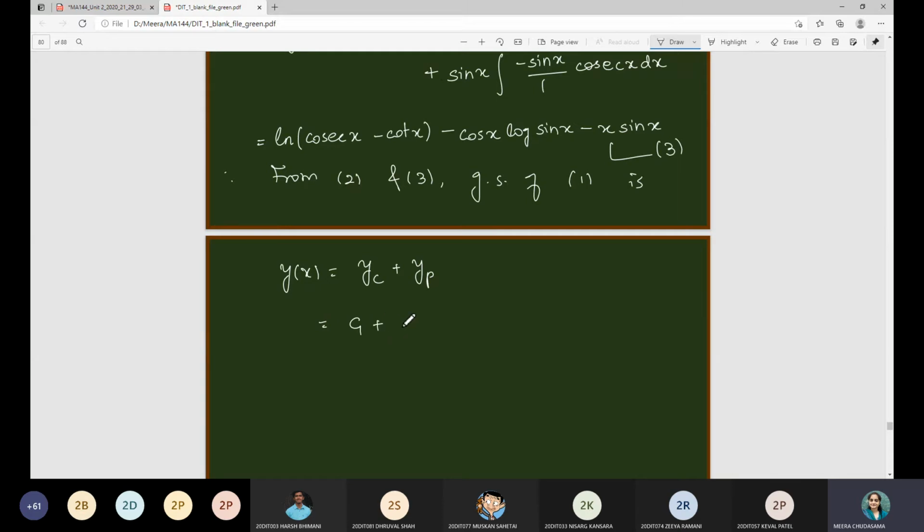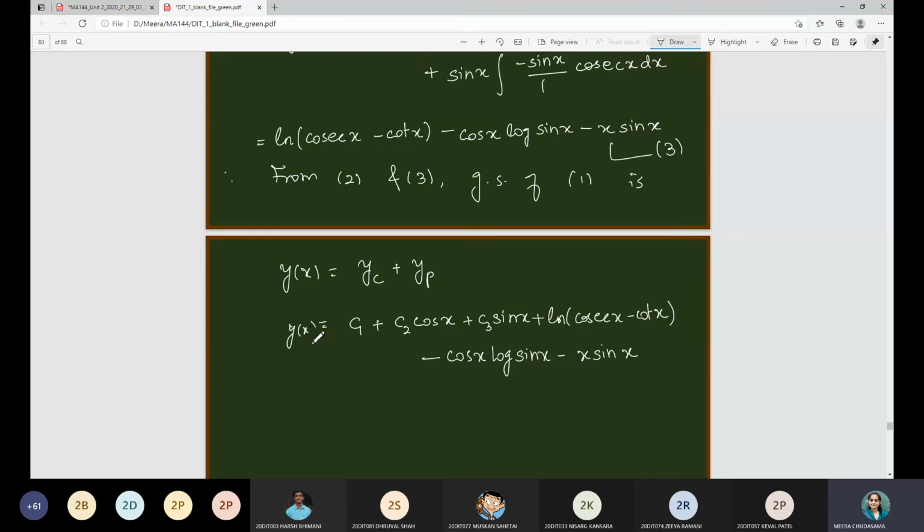So it is c1 plus c2 cos x plus c3 sin x plus ln cosec x minus cot x minus cos x log sin x minus x sin x.